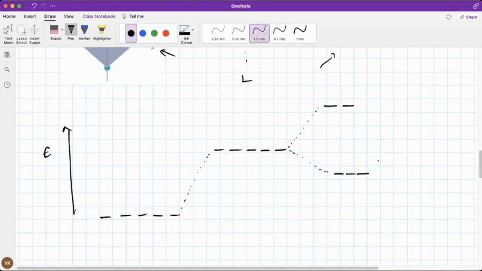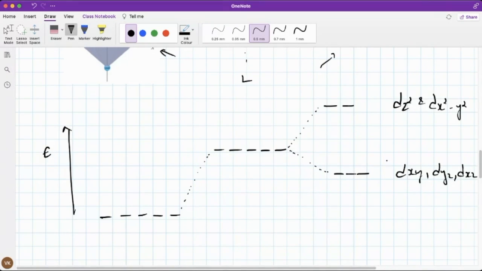That is, this is dz square and dx square minus y square, whereas this is dxy, dyz and dxz.